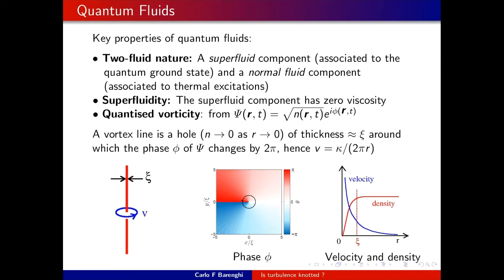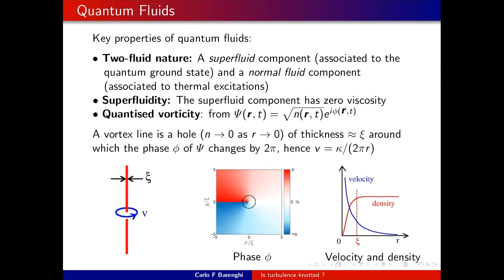To be more precise, it is equal to a quantity kappa, which is called the quantum of circulation, which is Planck's constant divided by the mass of one atom divided by 2 pi r. So that is how the quantization kicks in. Vorticity is constrained to discrete lines which have fixed strength. The thickness of this vortex line is also fixed.